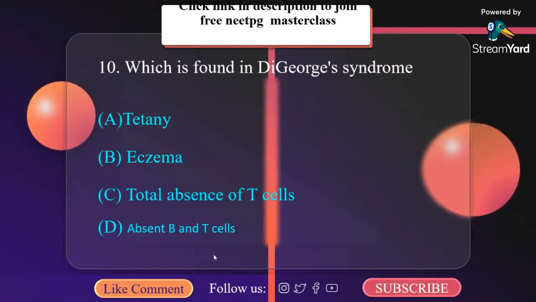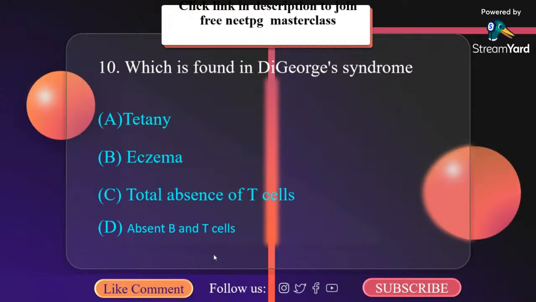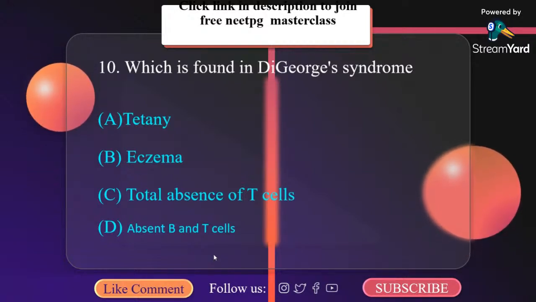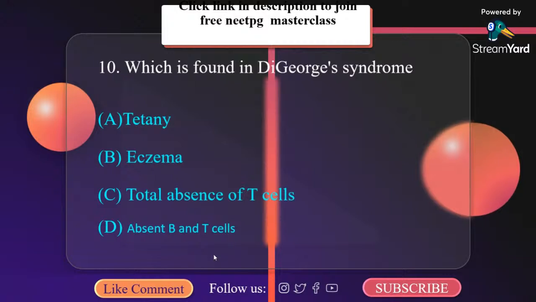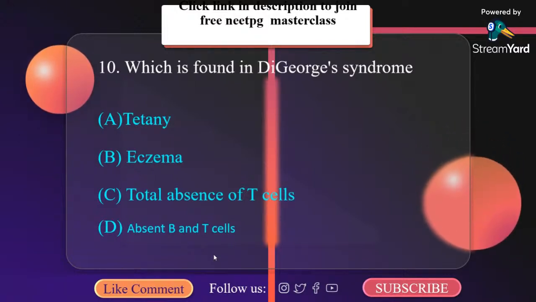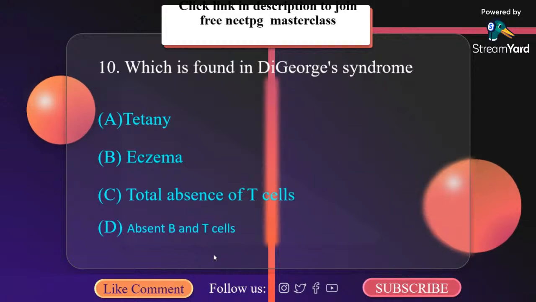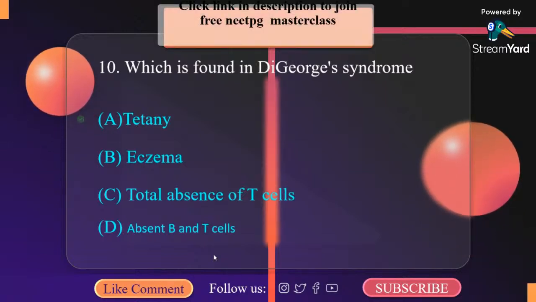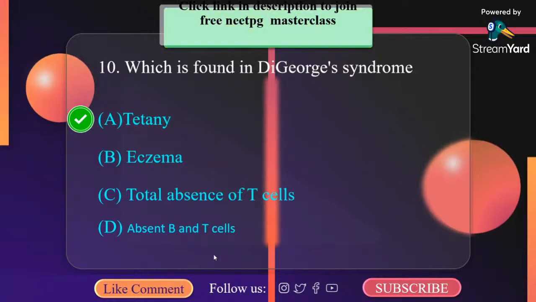Hypocalcemic tetany due to failure of parathyroid development. Congenital heart disease, for example tetralogy of Fallot. Absence of normal thymus. Serum immunoglobulin concentrations are frequently normal, but antibody responses, particularly IgA and IgG, are usually impaired. T cell levels are reduced, not totally absent. B cell levels are normal. The answer is tetany.